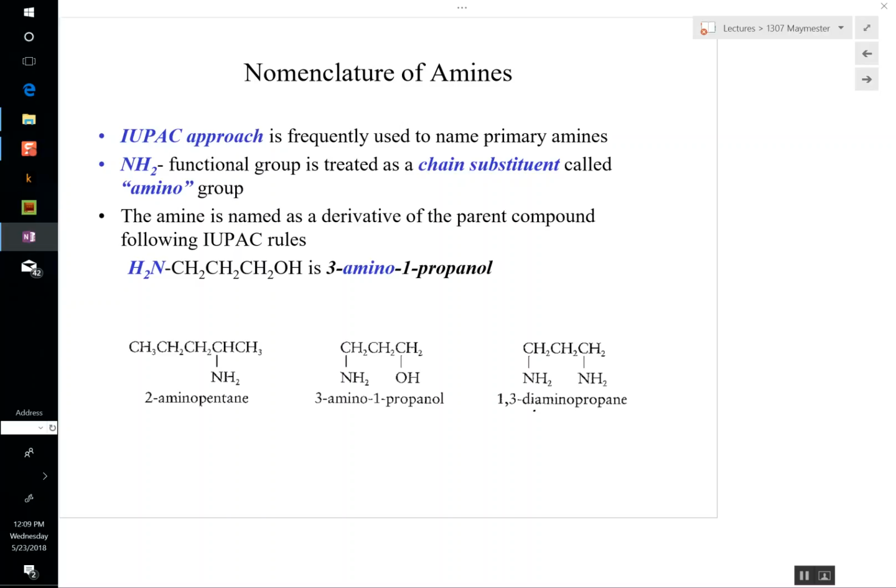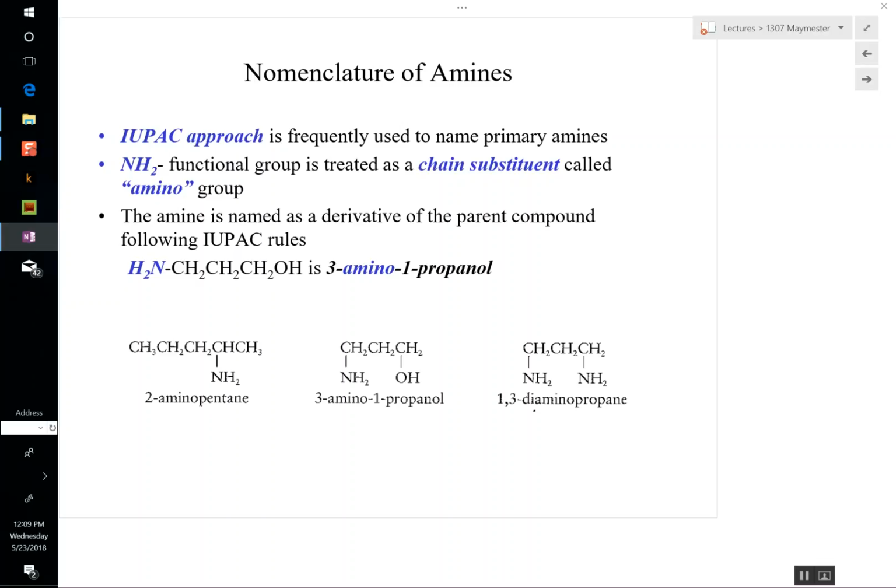Okay? If you told me that name, I'd be able to draw that. I'd know exactly what molecule you're talking about. But I think the book is going to give precedence to the alcohol.